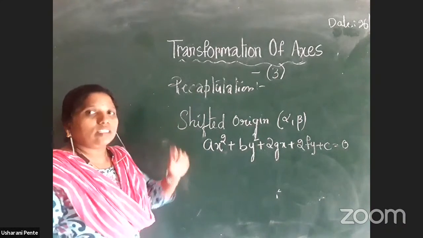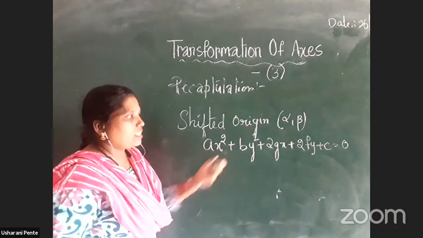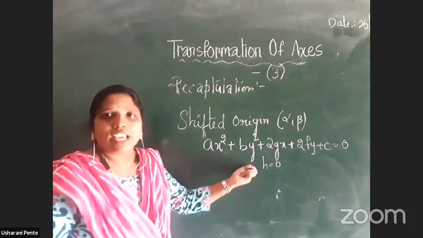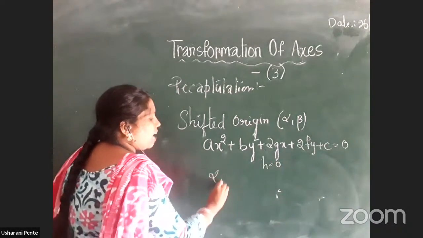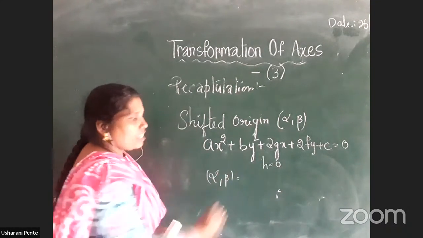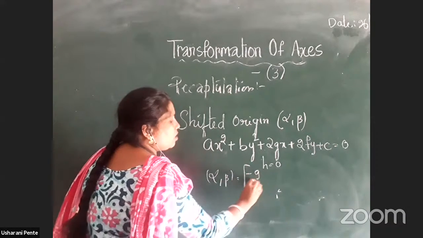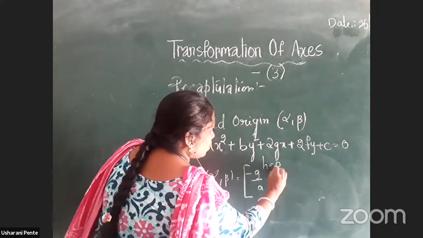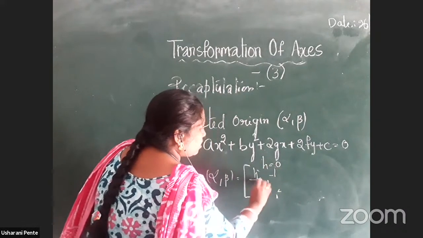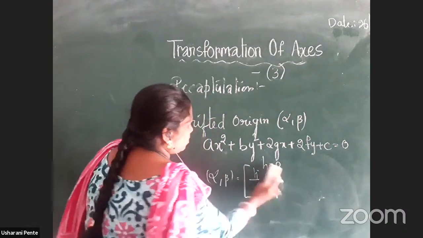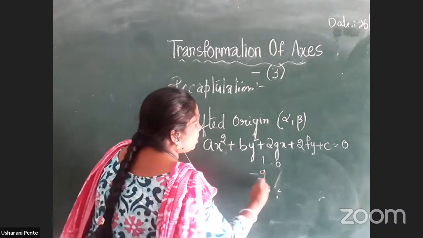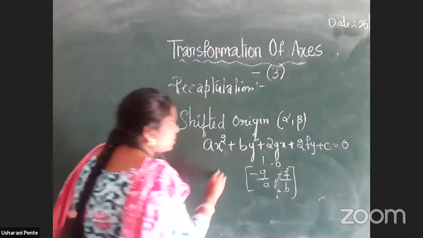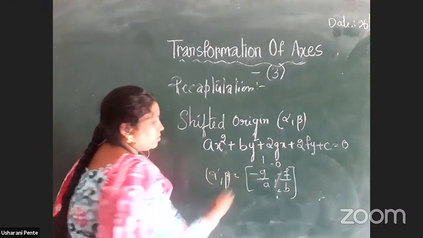In the previous formula, as we don't have any h term here, we just substitute h is equal to 0, then our shifted origin will be minus g by a comma minus f by b.